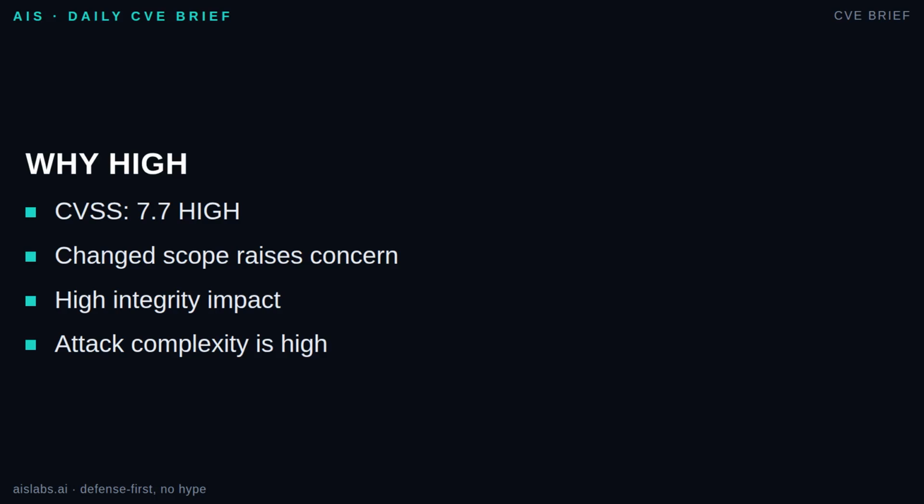High-integrity impact means the most serious rated consequence is not just seeing data, but potentially altering trust, state, or behavior in a meaningful way. The vector also includes high attack complexity, which is important context. This is not being scored as trivial to exploit. But high complexity does not make it safe to ignore, especially for a component that may be deeply embedded in applications and hard to inventory after the fact.